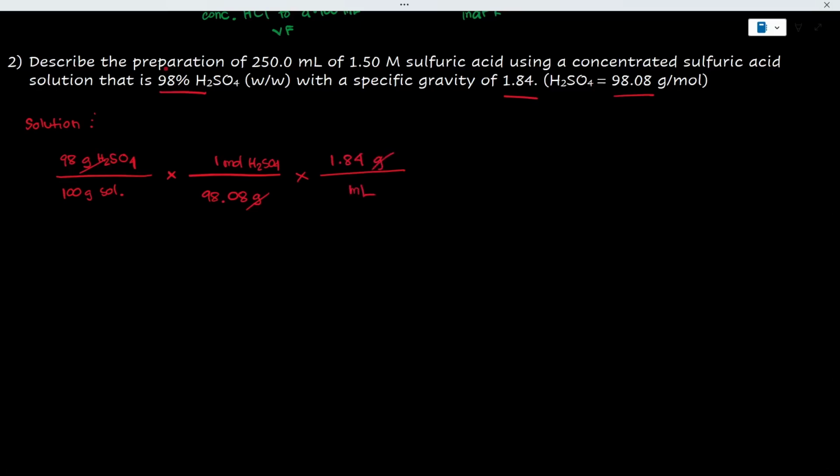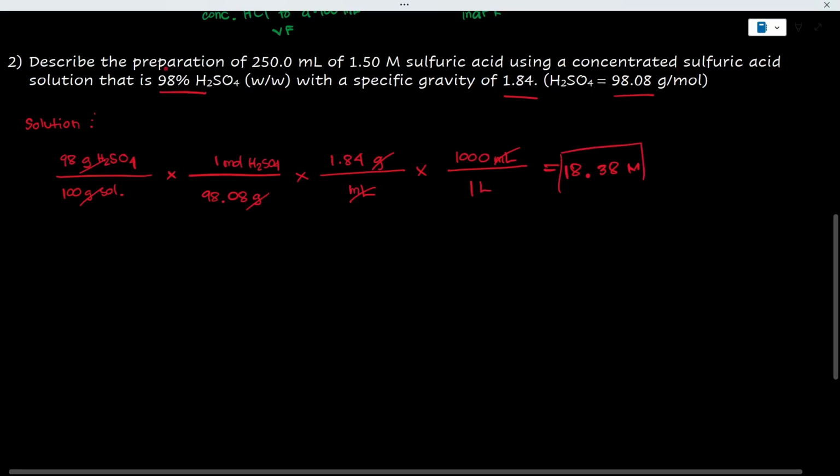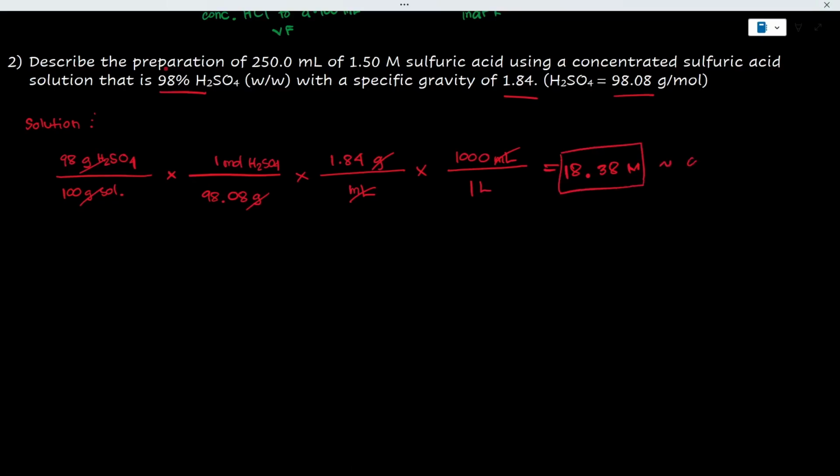Cancel grams. Then convert ml to liters, 1000 ml is 1 liter. Cancel ml, leaving us with mole per liter. So that would be 18.38 molar. This is the concentration of the concentrated sulfuric acid.